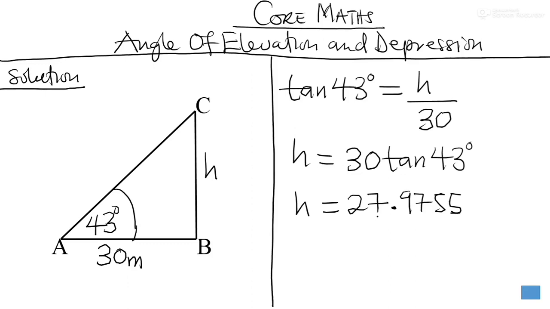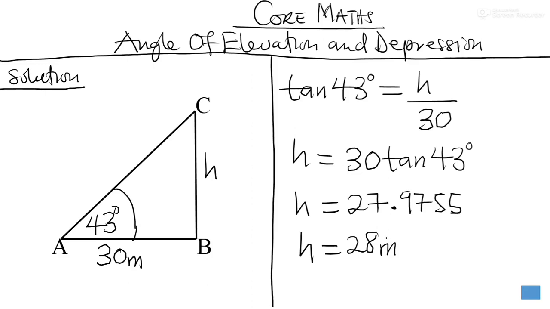So you add 1 to the 7 so that you get 28. So our H is going to be 28. Good. So 28 meters. So therefore, the height of the pole is 28 meters. Right. So students, this is the solution to our example 1.